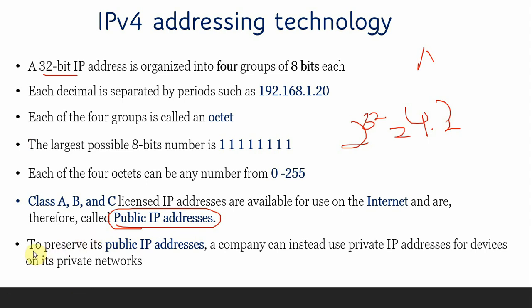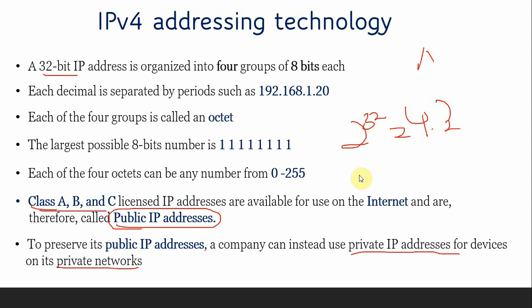So in order to preserve these public addresses, an address type was introduced out of these classes, which is called the private. A company can instead use private IP addresses for the devices on their own private network. So let's assume I have my company here.